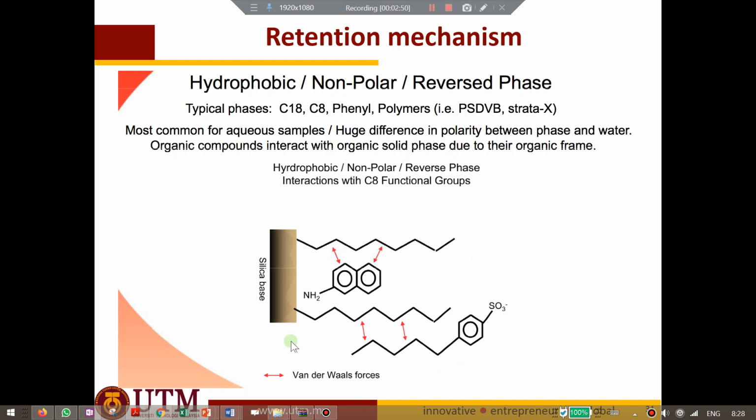So you can describe that the non-polar structure from the compound will interact with the non-polar surface of the solid particle of the SPE. Di sini lah. If the compound doesn't have any non-polar structure over here, it will just be eluted without being retained in the SPE solid phase particle. Alright.